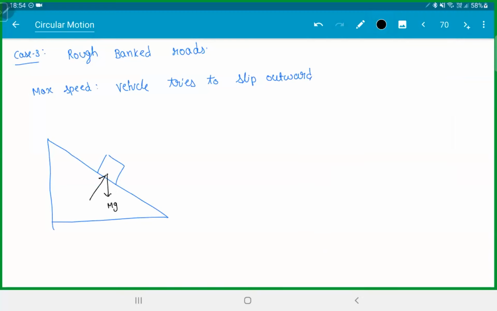mg, normal reaction, the centrifugal force mv square by r. Friction will be which way? Downward, no? Because it is trying to go outside.